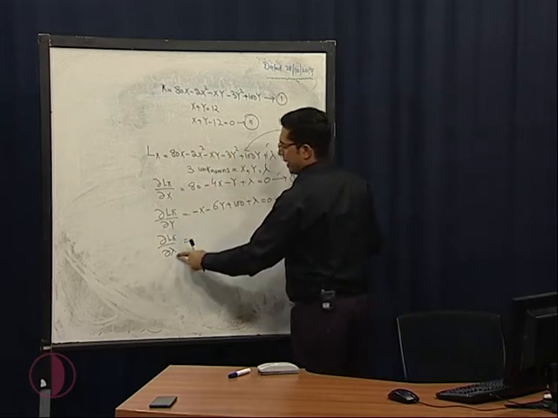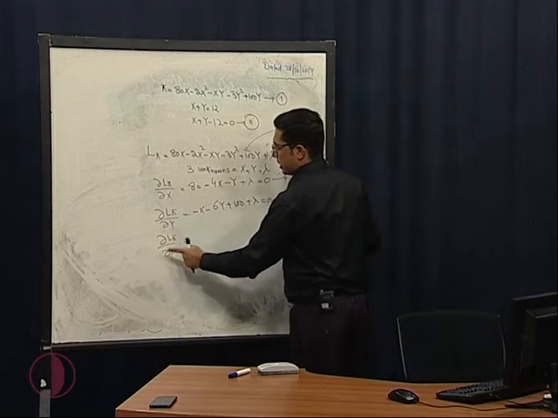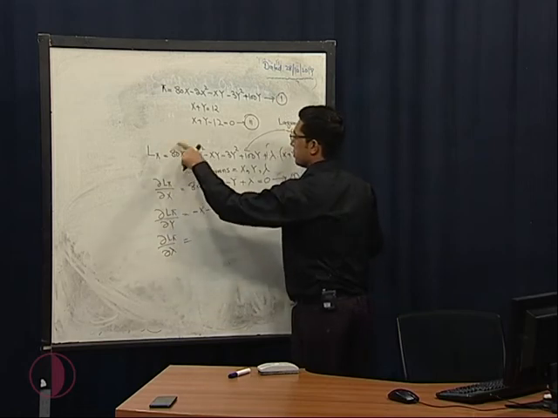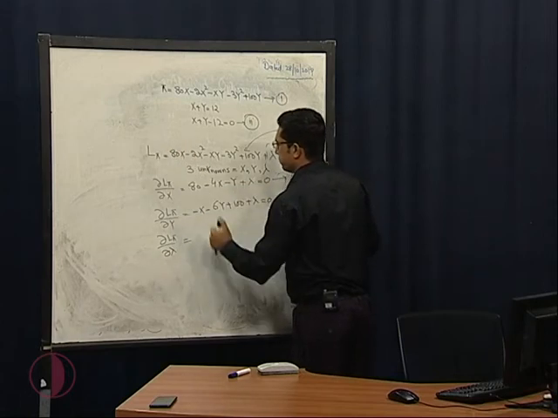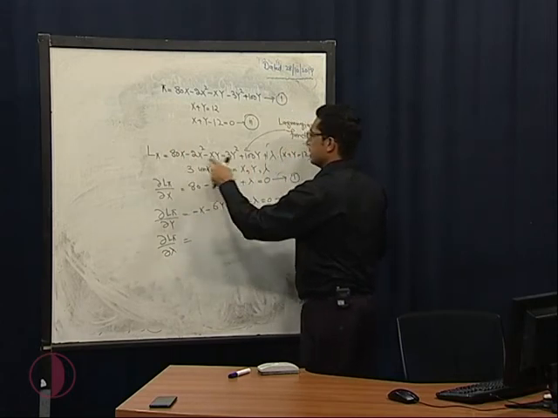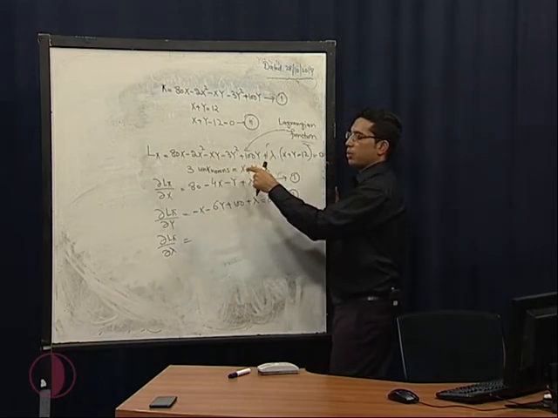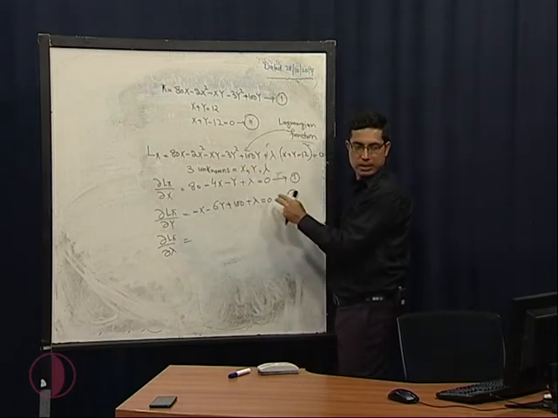Now, we are taking the partial derivative of this Lagrangian function with respect to lambda. All these terms will be cancelled out as we have no lambda in them.